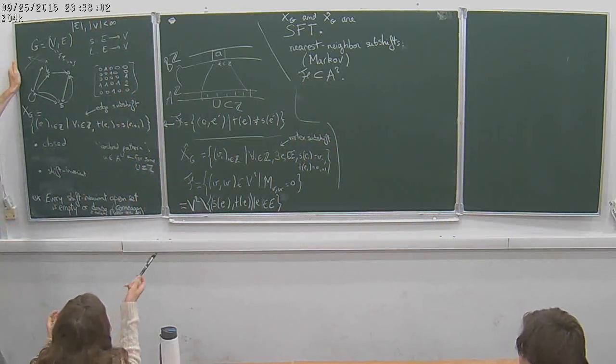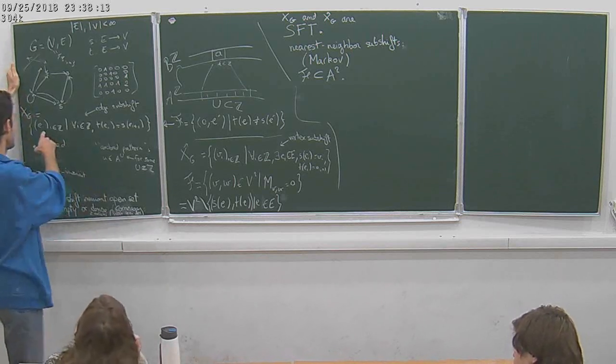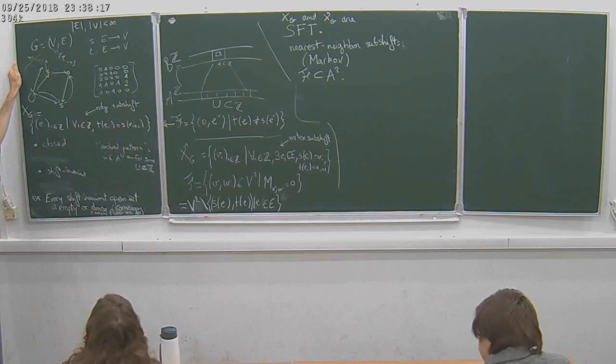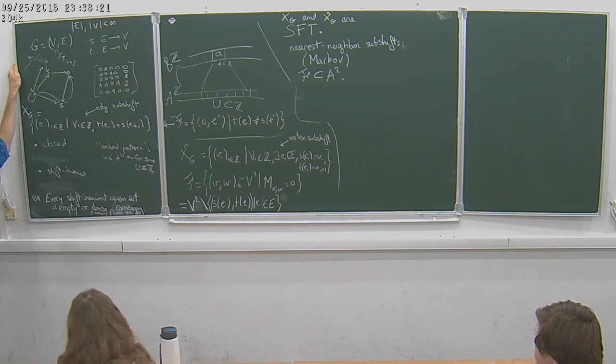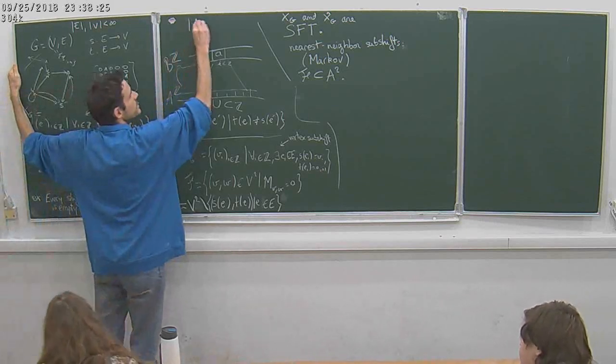It would be nearest neighbor. But it can be infinite. No, because in the definition of a subshift, I always take the alphabet to be finite also. In the whole course, the alphabet will be finite.